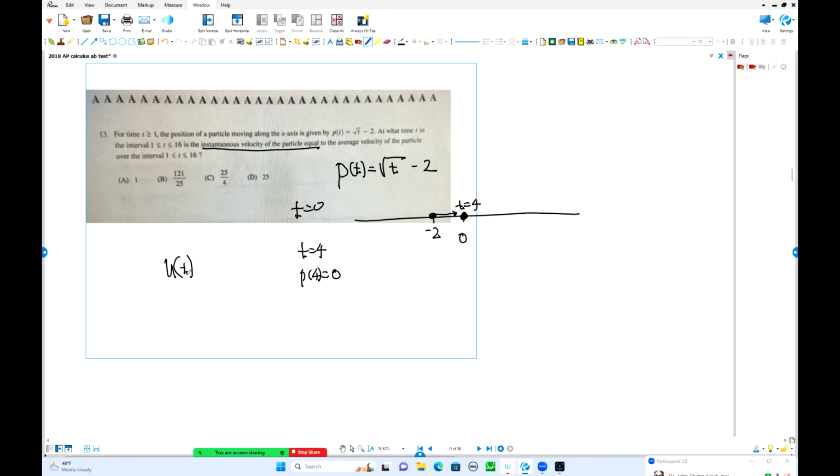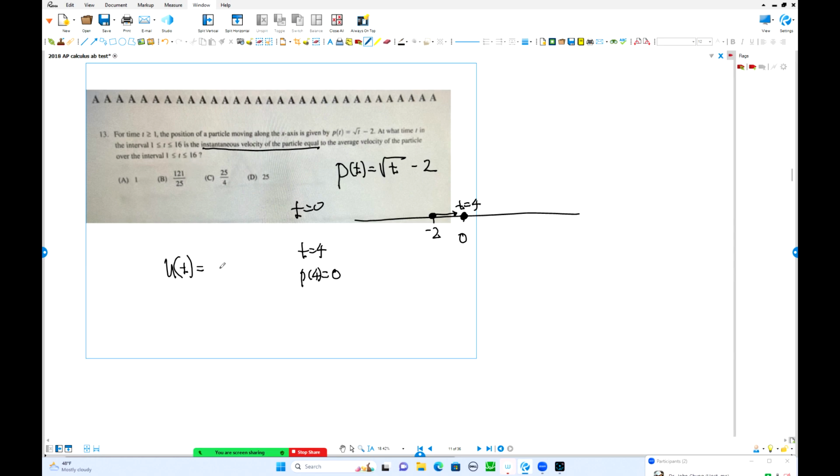This one is actually equal to the average velocity of the particle over this interval. What is the average velocity? The average value of velocity, same thing.